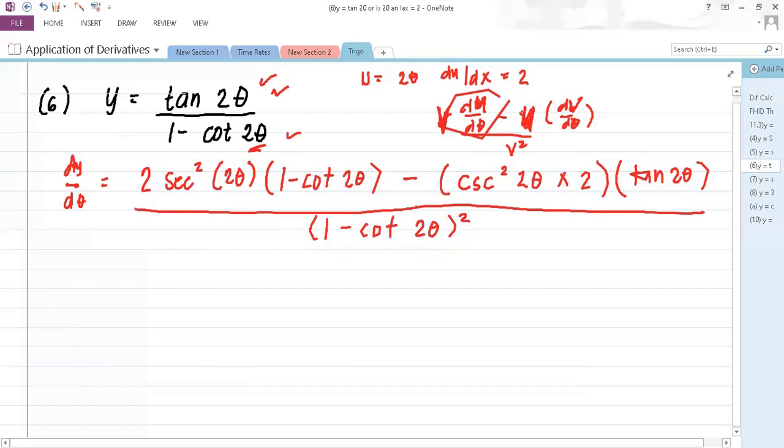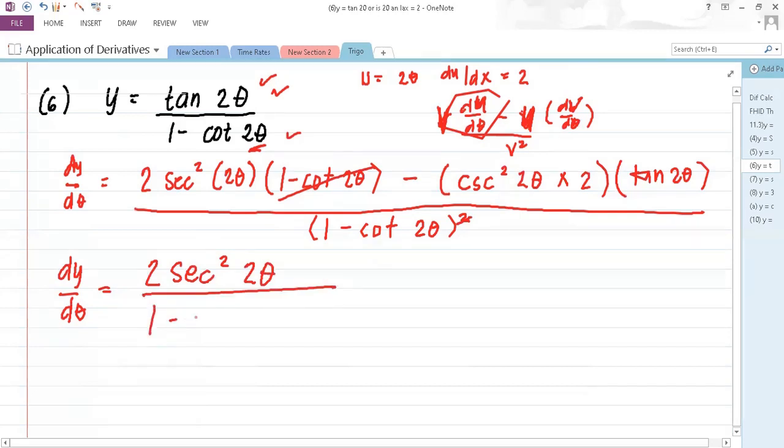Okay, so ganyan. So simplify lang natin siya. So i-simplify natin siya. This is dy d theta. Okay, so 1 minus cotangent of 2 theta, 1 minus cotangent of 2 theta squared. Okay, so pwedeng alisin ito dito sa first. Okay, so pwedeng alisin ito, may isang matitira dito sa first. So we have 2 secant squared of 2 theta over 1 minus cotangent of 2 theta.